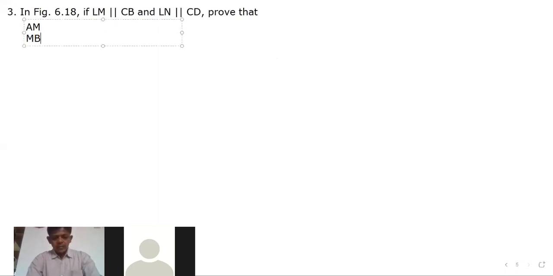AM upon MB is equal to AN upon ND. Draw the figure quickly, children, from the textbook.